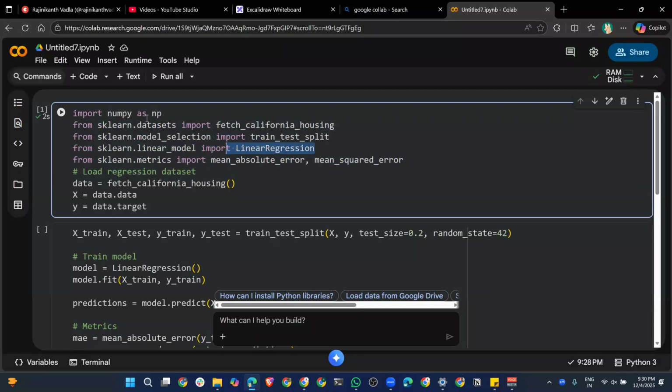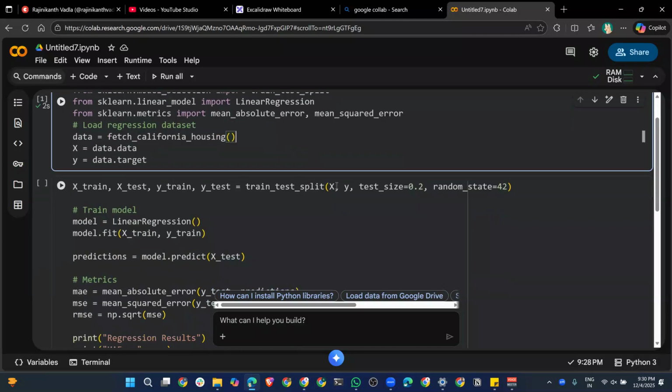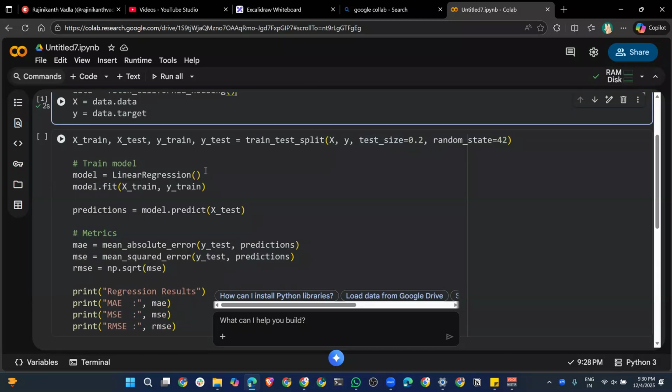We load the data, with X as the input and Y as the output. Then we split for training with random state 42 and test size 0.2.